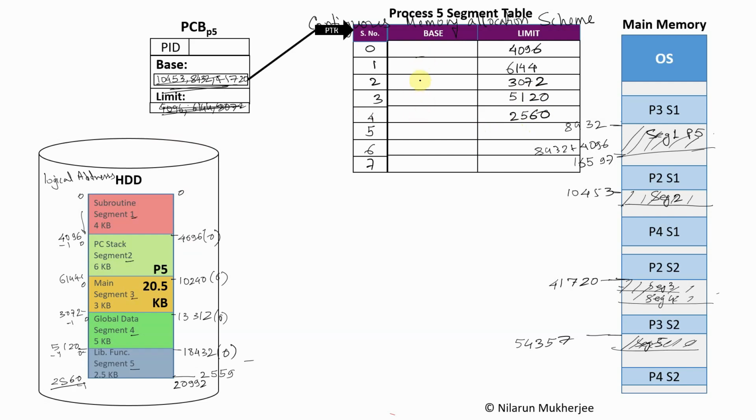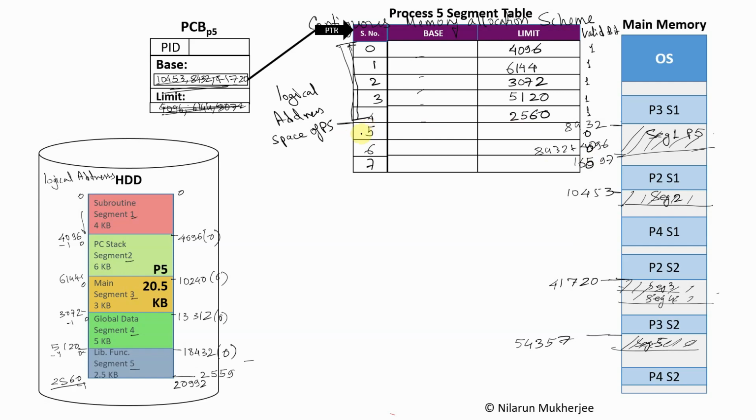But these are empty, and the logical address space of P5 ranges up to this. To mark that, we will have a valid bit here, signifying these are the valid logical addresses, and for the other entries we will have 0 here.